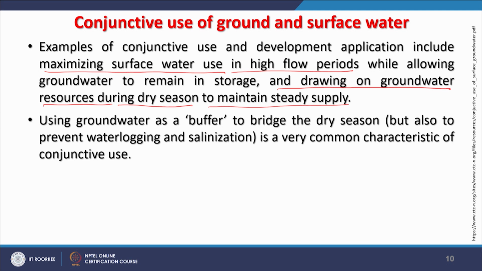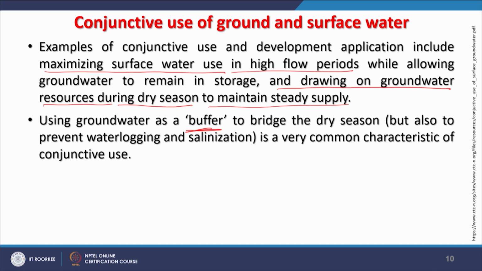That means what we are suggesting is that groundwater should be used as a buffer storage to bridge the dry season, but also to prevent waterlogging and salinization. Because these waterlogging and salinization problems are also because of shallow groundwater conditions and soil conditions. Everywhere, even where sandy soils are there, it is not necessary that there is salinization.